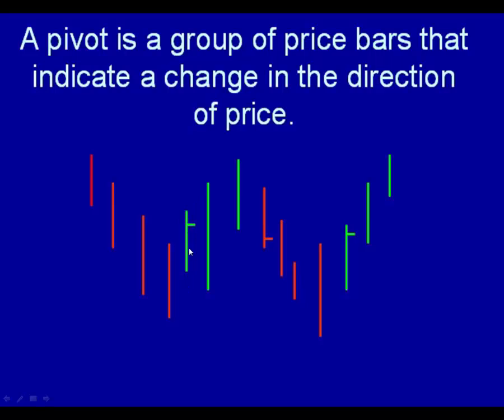This forms the pivot down here. So this becomes a support point for a potential future test. As you can see up here, higher highs, higher lows on these green bars, and then here's the first bar that closes below the highest bar in the sequence. Close below it. So there becomes the pivot high.